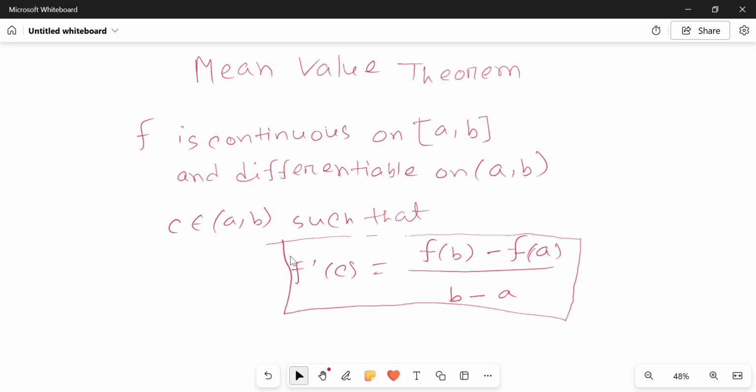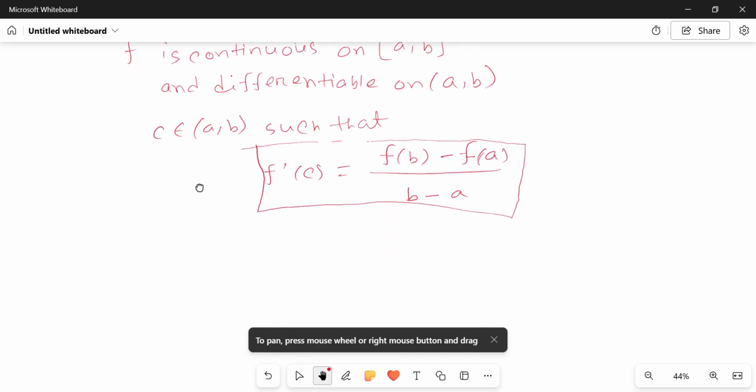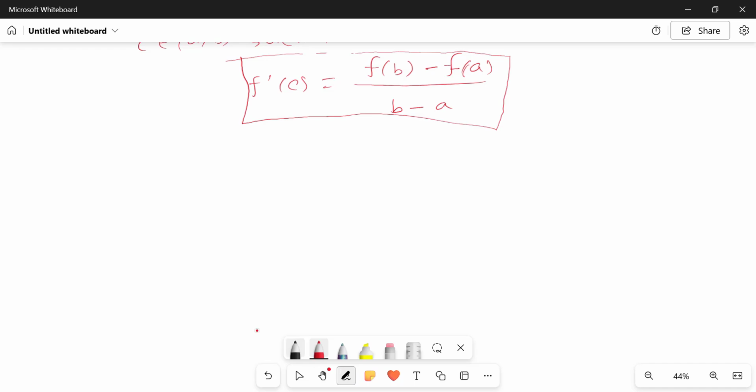Now, what does it mean geometrically? If we draw it, suppose we have a function, something like that.